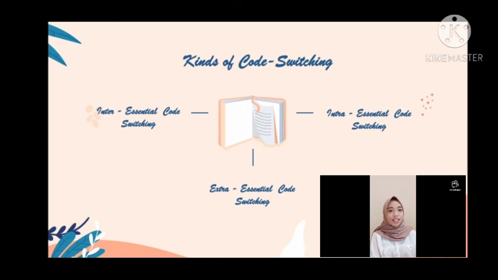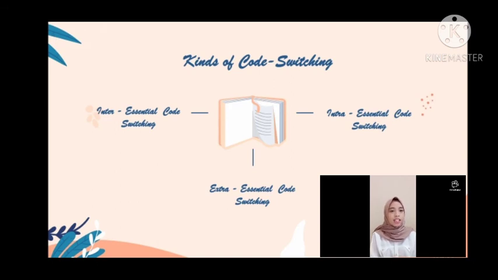Okay, next slide is about the kinds of code switching. There are three kinds of code switching: intra-sentential, inter-sentential, and extra-sentential code switching. According to Poplack, intra-sentential code switching is switching from one language variety to another at the clause, phrase, or word level.